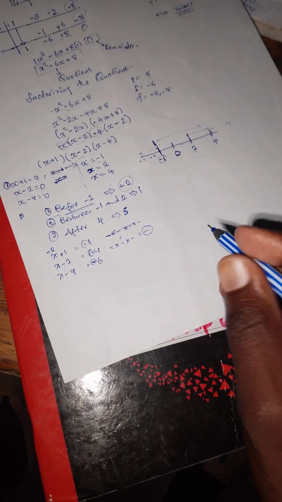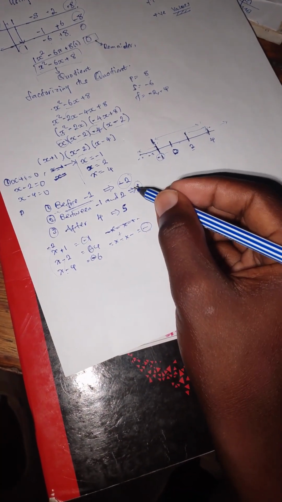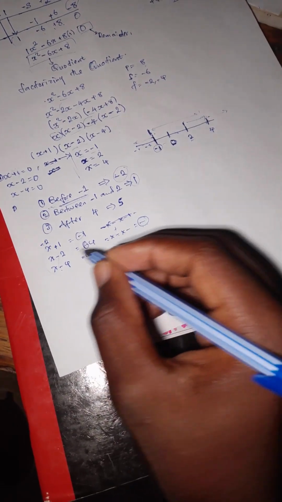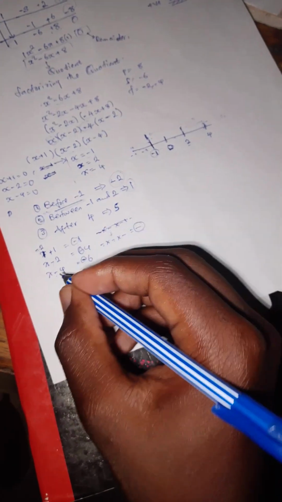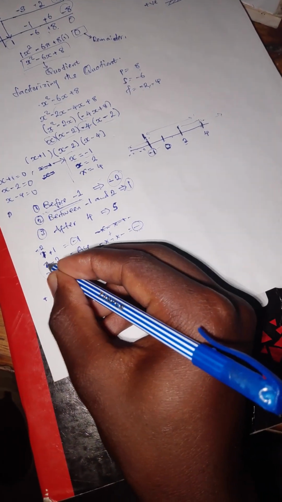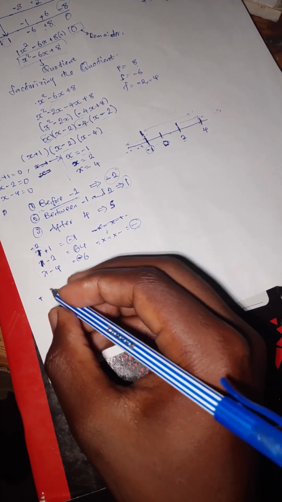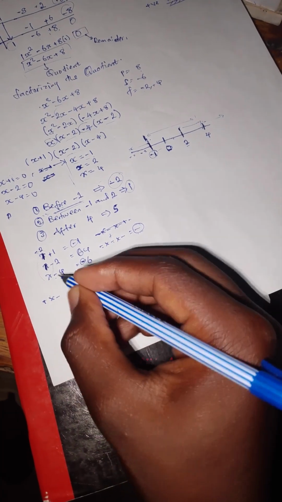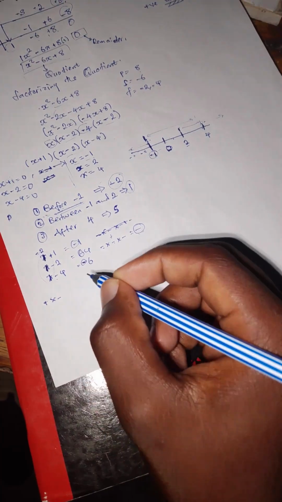Testing again, we are going to test 1. If we put 1 there, 1 plus 1 is +2, 1 minus 2 is -1, and 1 minus 4 is -3.